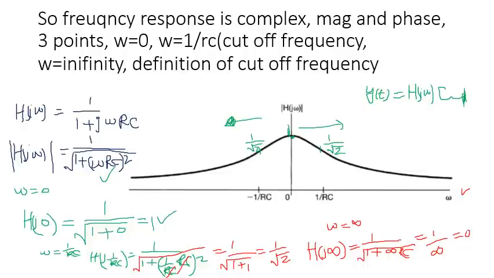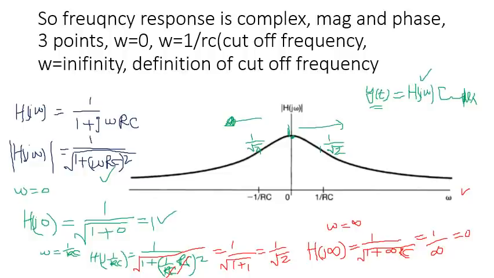Input must be in the form of a complex exponential. So as frequency increases, the value decreases. For higher frequency the output will decrease, whereas for low frequency it will have a high value. So it's exactly a low pass filter.